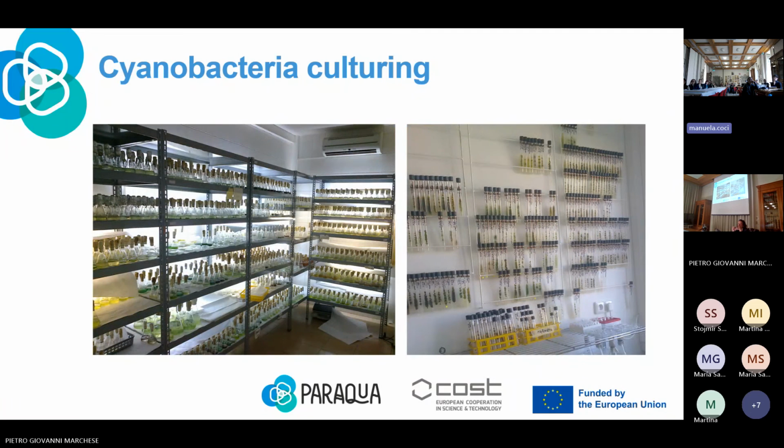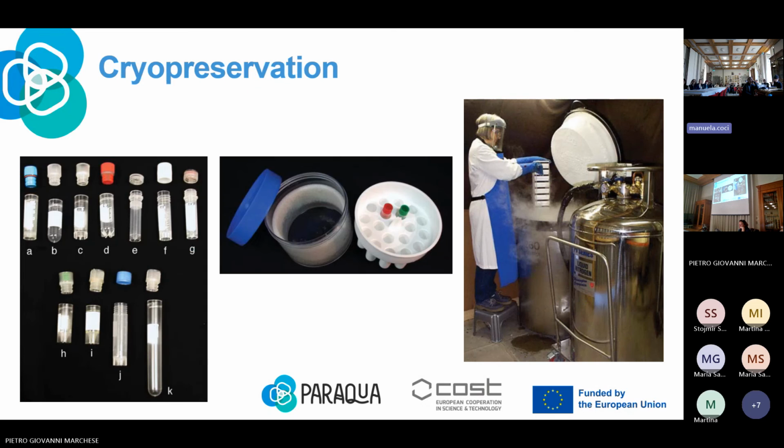This is not from my lab, but from the Czech lab of Professor Komárek, because I spent some nice time there to learn isolation. But you can see that you can reduce the space in the lab for cultivation of cyanobacteria, so you can prepare the cultures on the wall. So still you have a lot of space for the cultures in liquid media.